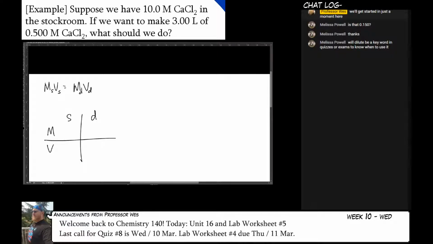So I have 10 molar calcium chloride from the stock room. So that's clearly the stock concentration, MS. I want to make 3 liters of 0.500 molar calcium chloride. So this must be the dilute concentration, and this is the volume of it that I want.